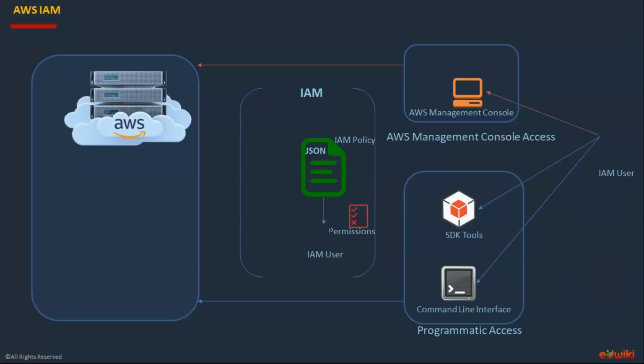In the IAM policy, if I mention that you cannot terminate an EC2 server, then when the user logs into AWS and tries to terminate a server, the server cannot be terminated. It will throw an error because that is not granted in your policy. That's how it is.